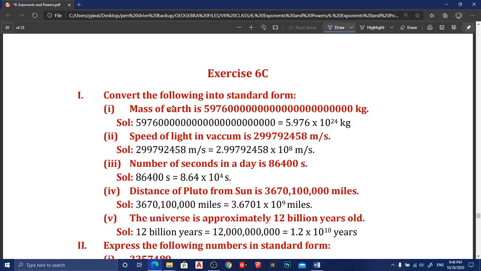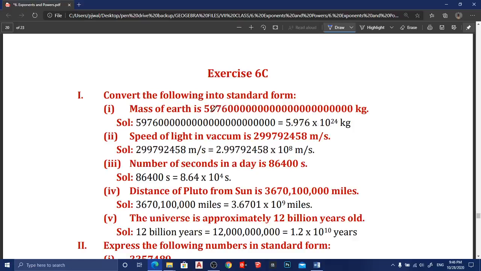Okay. So first put the point after 5. Here you have to put the point. After putting the point, up to here 24 digits are there. So simply you can write 5.976. Up to 6 you have to take the significant numbers, except zeros, after putting the point. So 5.976 into 10 to the power of 24.